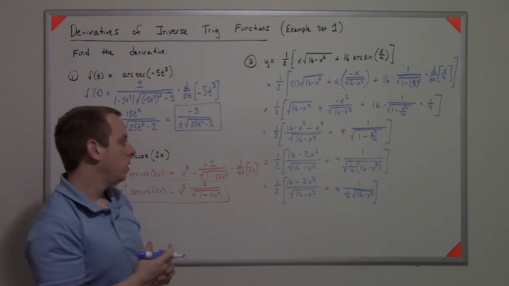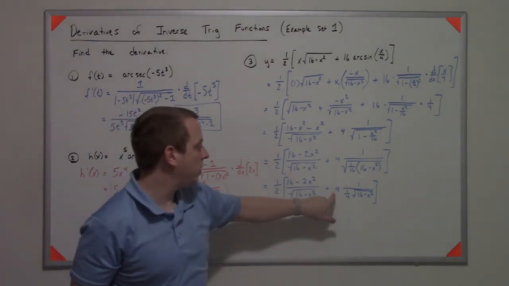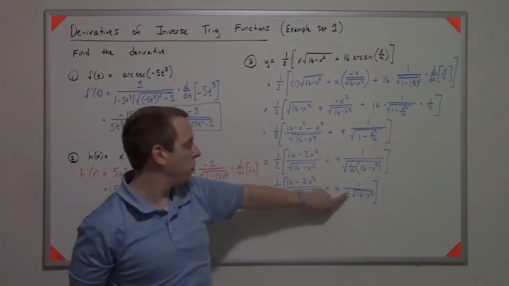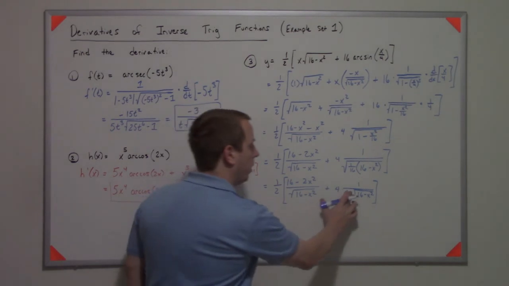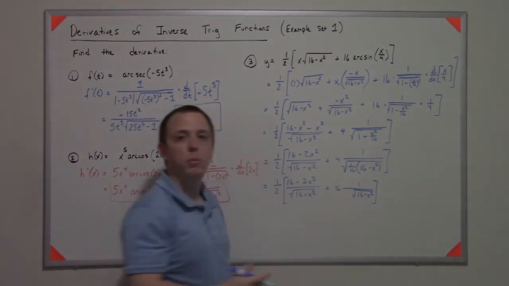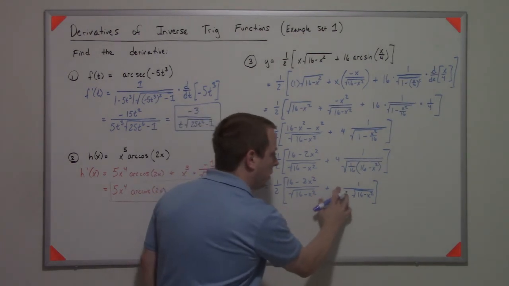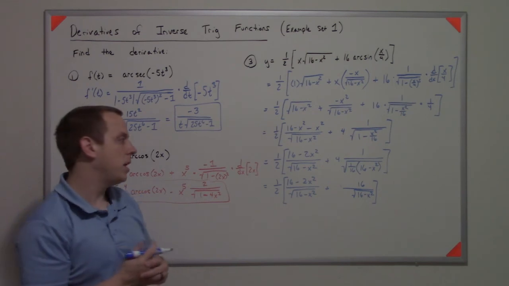Okay, so then what I notice is that 4 divided by 1/4, you don't get cancellation. That 4 and 1/4 don't cancel because that's in the denominator. So it's really like 4 times 4 over 1. So I'm going to rewrite that as 16 here. But instead of writing it there, I'm actually going to write it up here. So you have 16 over the square root of 16 minus x squared.